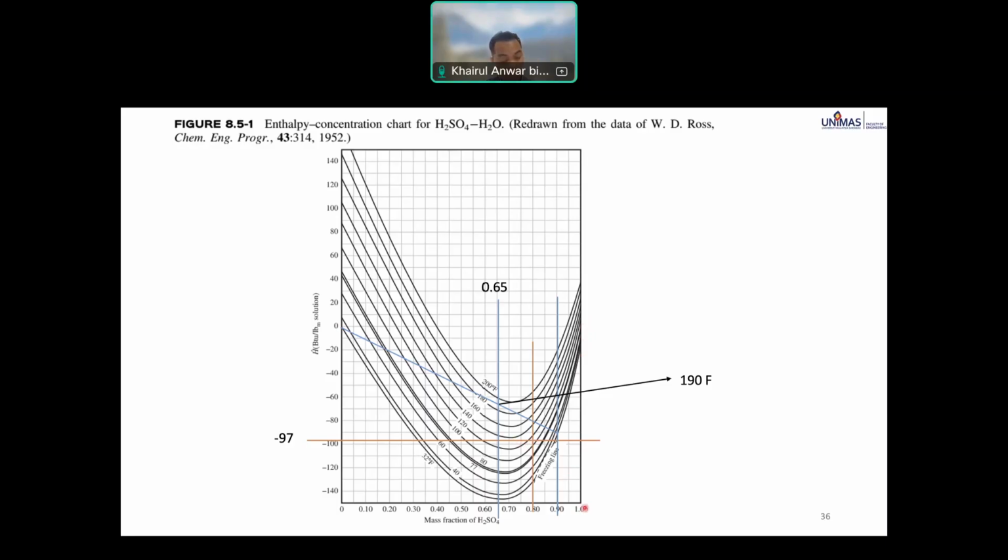For here it's 77, the temperature, because it's based on the reference state.